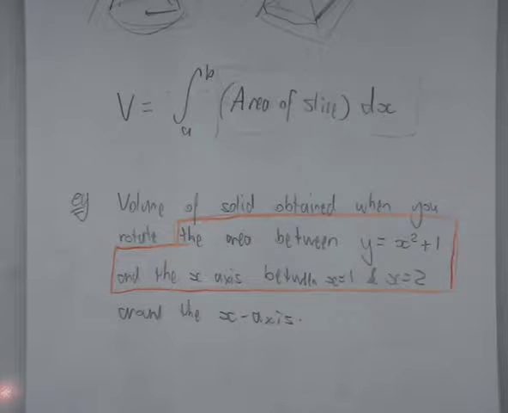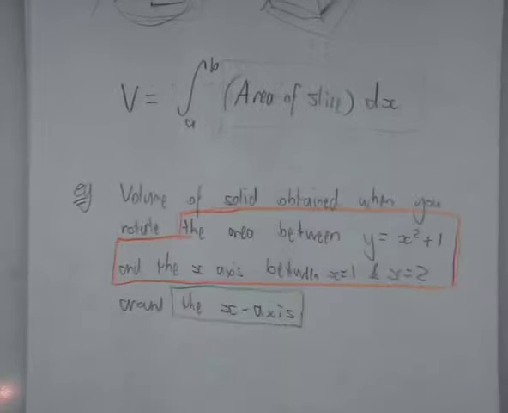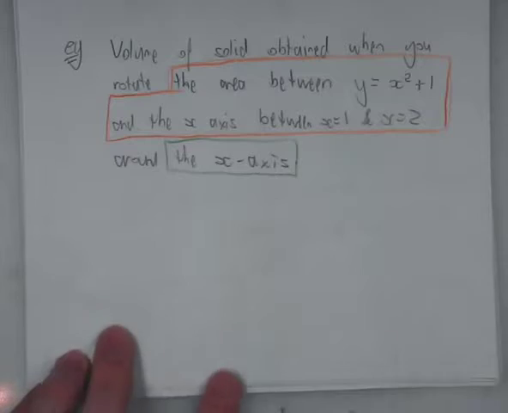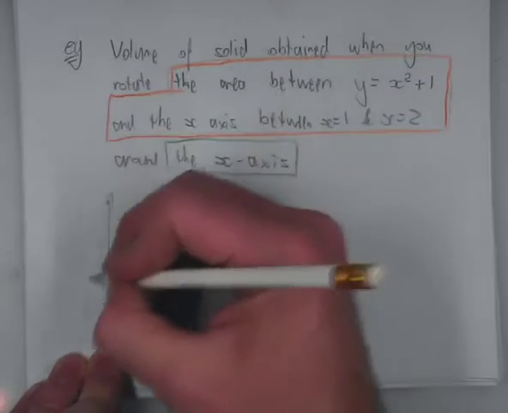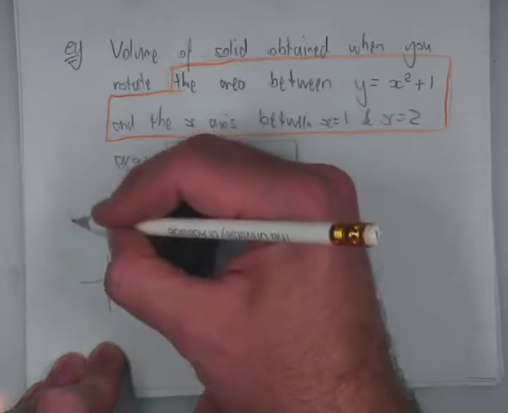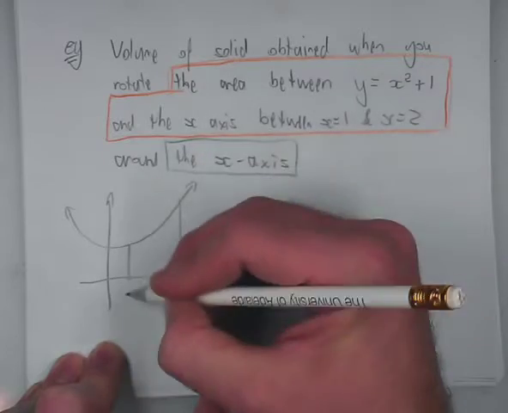And then there's another part which tells you what you're rotating around: the x-axis. Okay? So the first step is to draw this area. So we have y equals x squared would be that, x squared plus 1 would sort of be like that. We have x equals 1 and x equals 2.